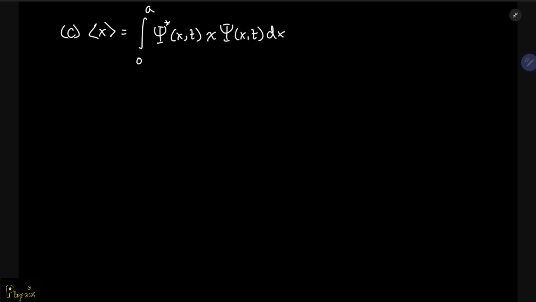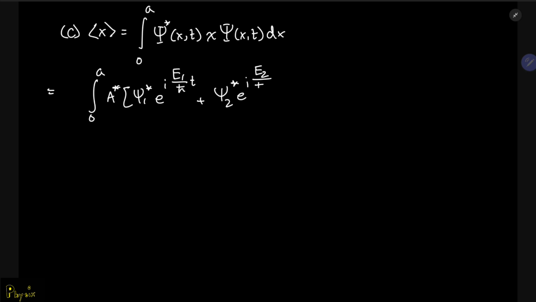By expanding each of these terms, you will get a squared times psi 1 star e to the i E1 over h bar t plus psi 2 star e to the i E2 over h bar t, times x, times a psi 1 e to the negative i E1 over h bar t plus psi 2 e to the negative i E2 over h bar t.